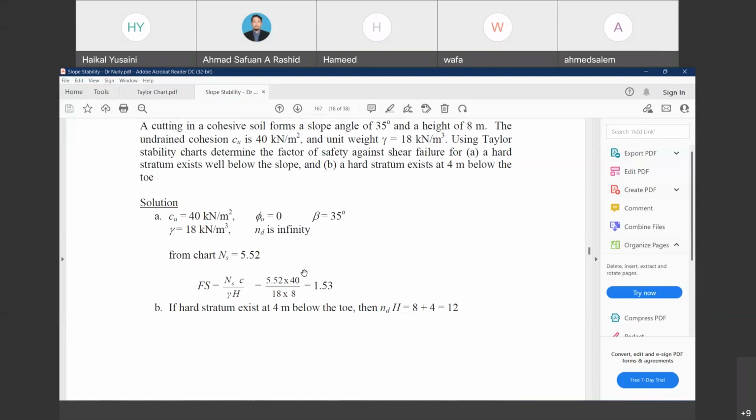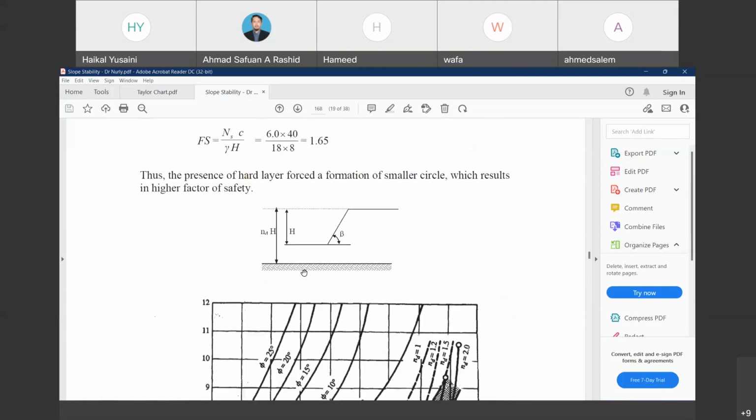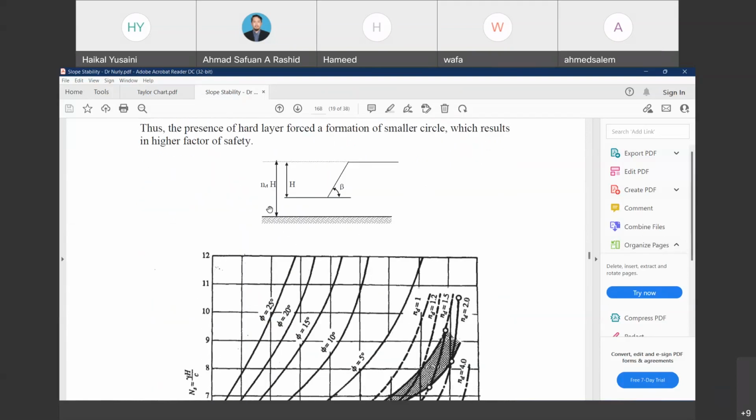First we need to identify the stability value, the NS. The hard stratum exists at the toe, which means the hard stratum exists here, so ND doesn't have any value.